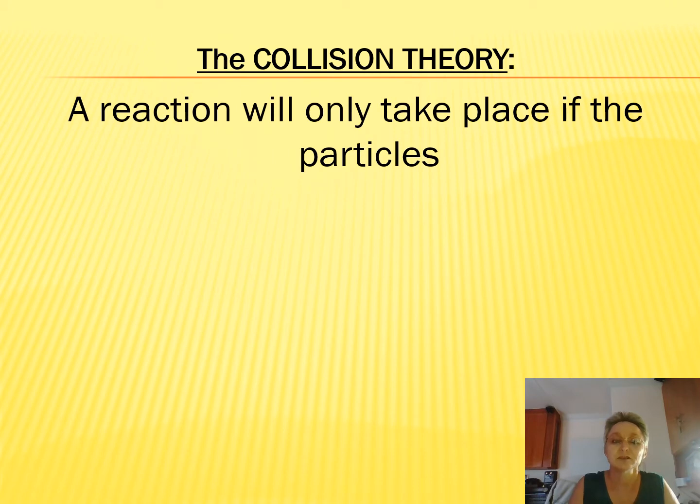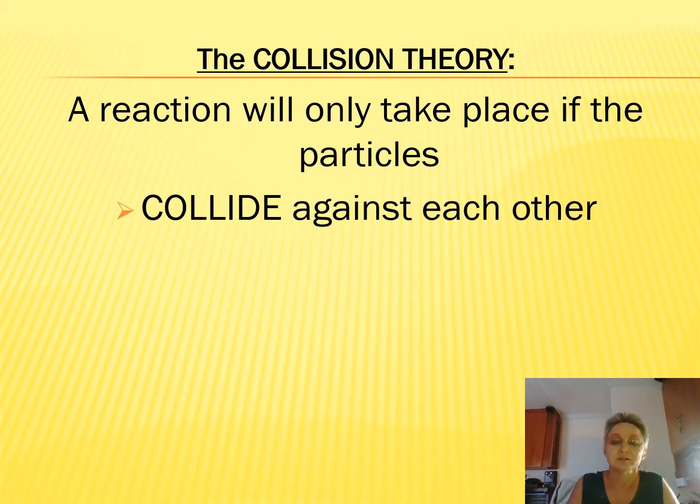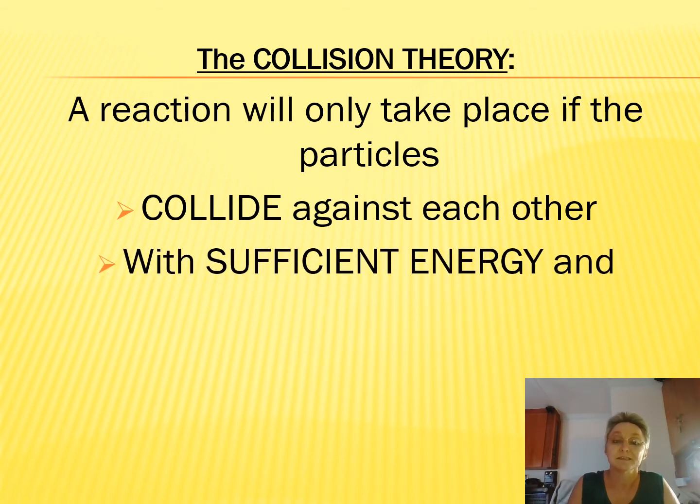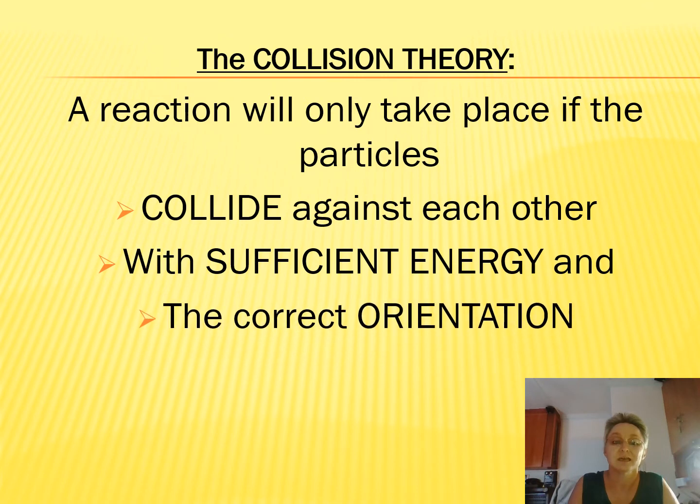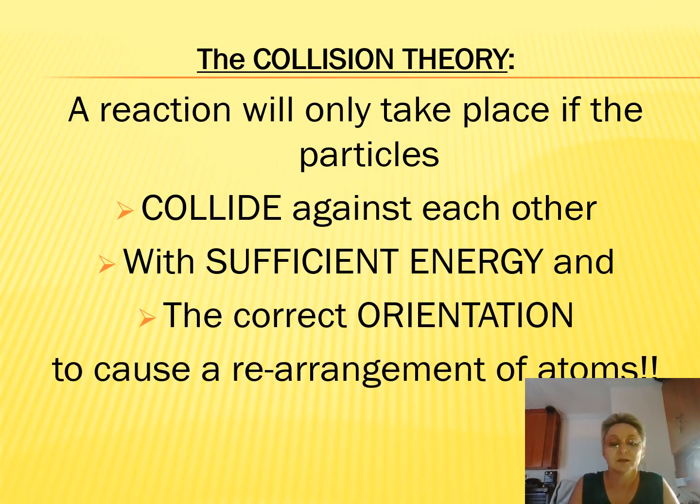It says a reaction will only take place if the particles collide against each other with sufficient energy and the correct orientation to cause a rearrangement of atoms, and a rearrangement of atoms just means that there is a chemical reaction. Old bonds are broken, new bonds are formed.